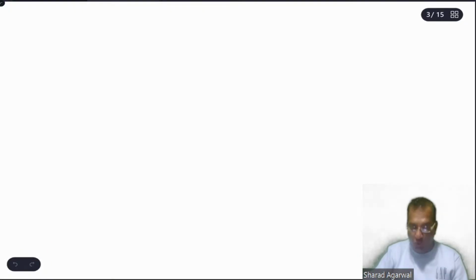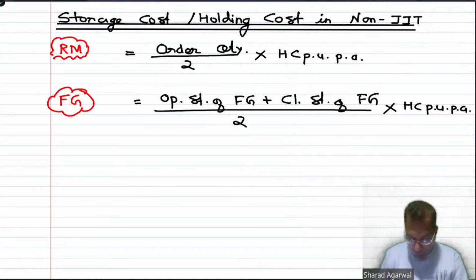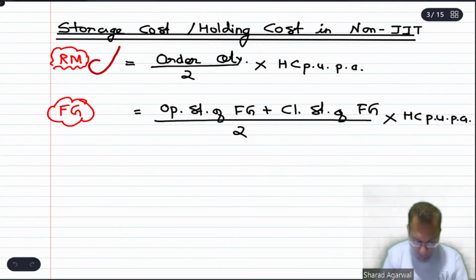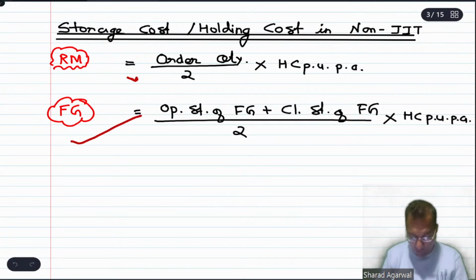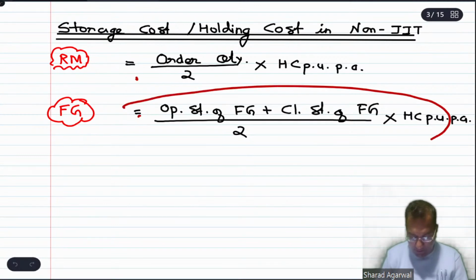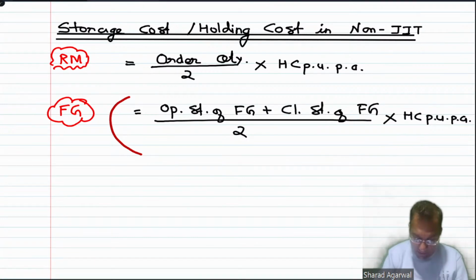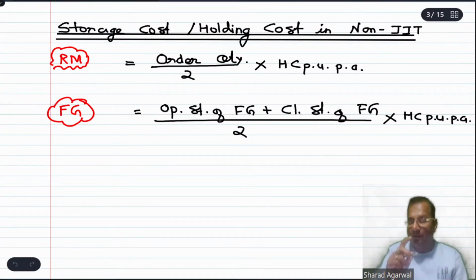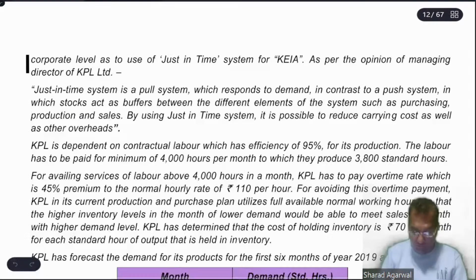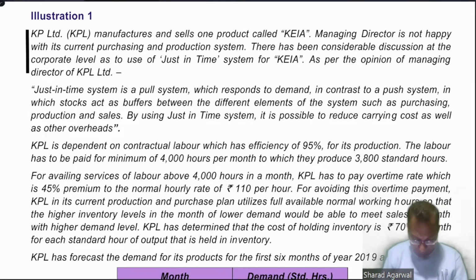So when we calculate holding cost in non-JIT, we will not use this formula, since this company has applied JIT production, not JIT purchasing. So whatever holding cost comes out will be calculated through this formula. Clear? Now, what was the MD's view is very, very important, because in the requirement part we have to comment on MD's view.